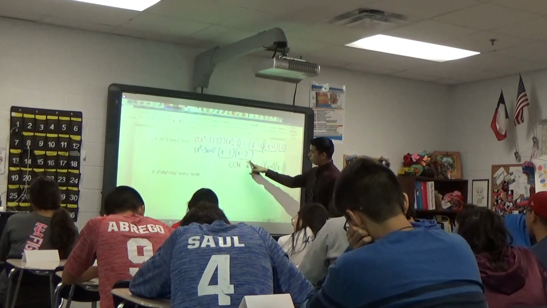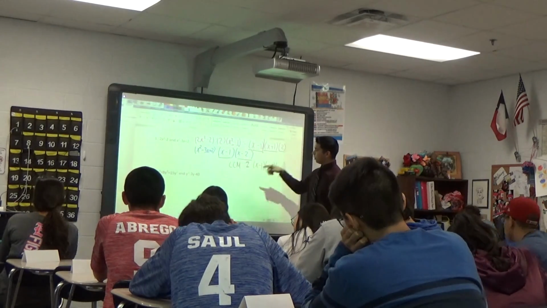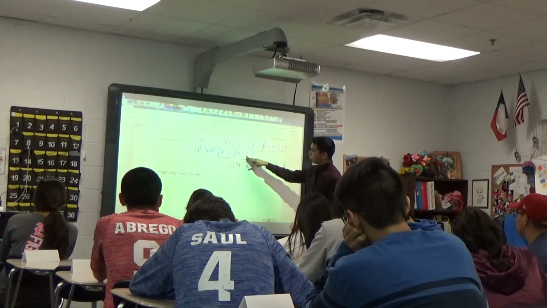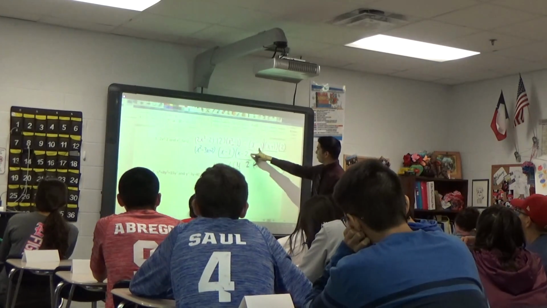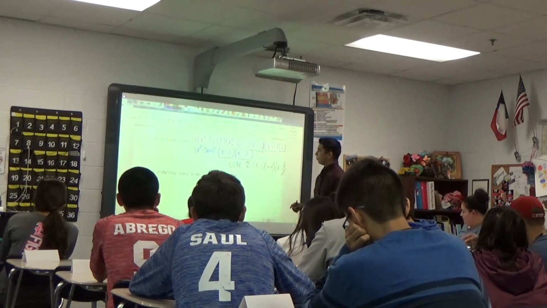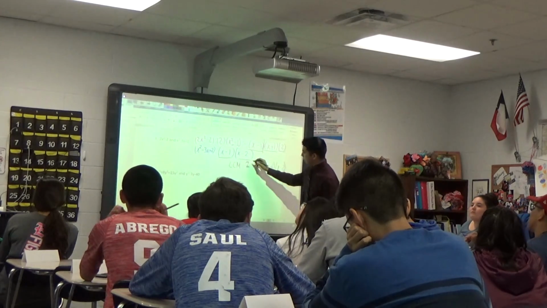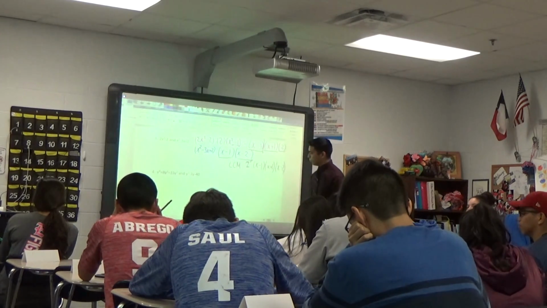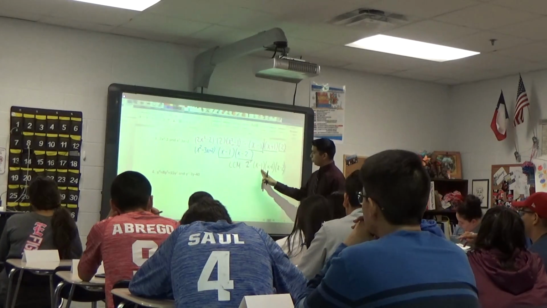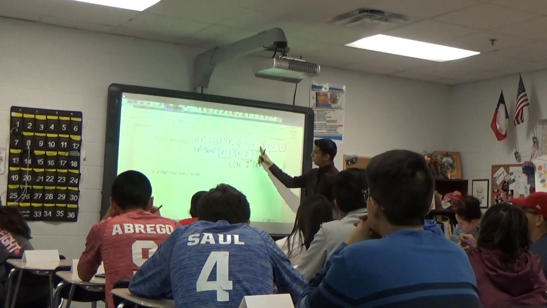Now the degree is going to be based on the most times that a factor showed up within both of these polynomials. 2 showed up only one time in the first polynomial, 2x squared minus 2. So it's going to be the first degree. X minus 1 showed up once in the first polynomial.